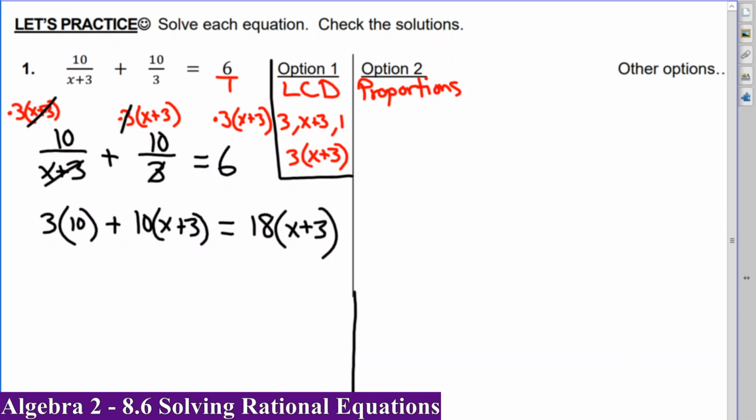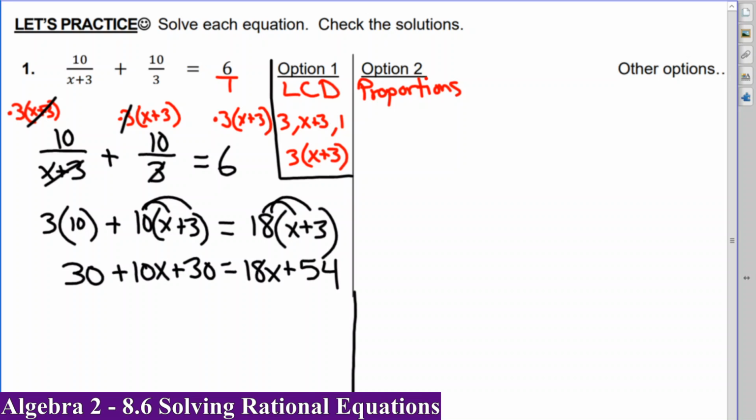Now all I can do is solve for x. Distribute in both of these, and we get 10x plus 30 equals 18x plus 54.